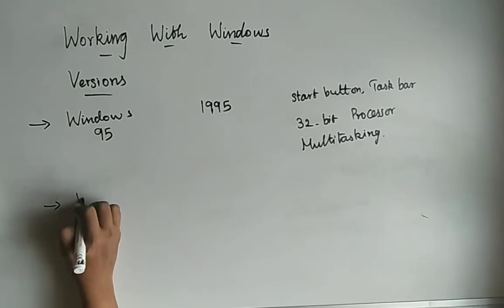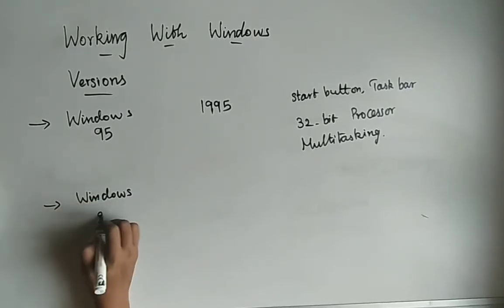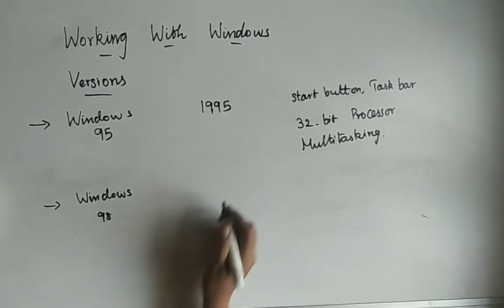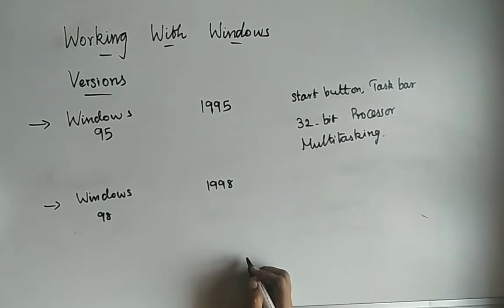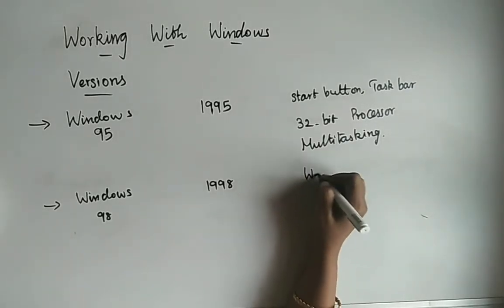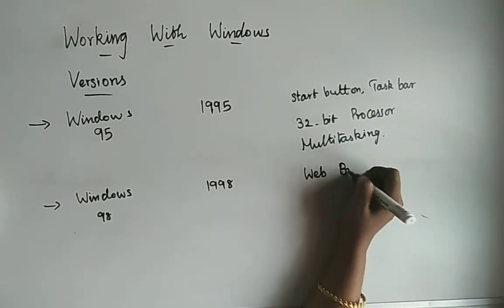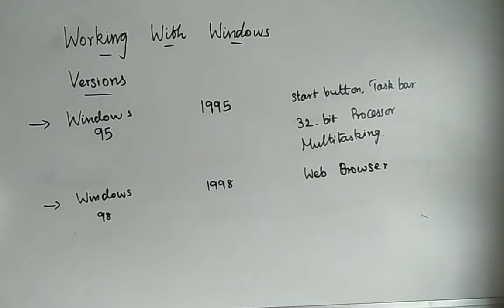Next, it is Windows 98. From the name you can tell it was introduced in the year 1998. What are the extra features? It is the integration of the web browser. Here they introduced the web browser integrated with the operating system.